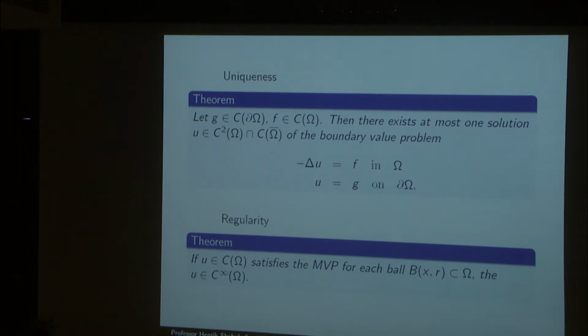So here, if u belongs to C omega and satisfies the equation. For the mean value property to hold, generally for solutions to be C2, if you need u to be C2, you need f to be Dini continuous at least. C alpha is good, but Dini is the weaker condition.